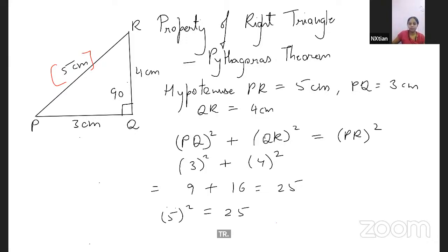So what we are proving is that in a right triangle, the square of the hypotenuse is equal to the sum of squares of the other two sides.